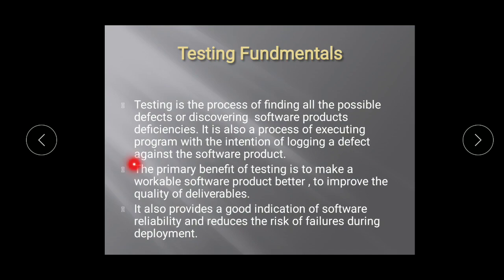The primary benefit of testing is to make a workable software product better, to improve the quality of deliverables. Until the product goes into the customer's hand, at the end of delivery, we keep checking the product so that there will be no defects when it goes into the customer's hands, and that is one of the primary benefits of testing.